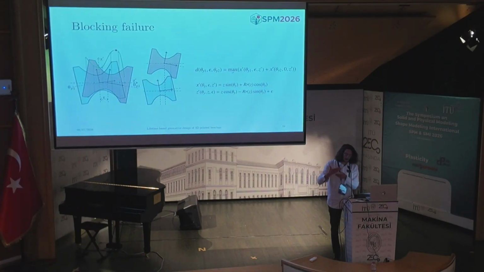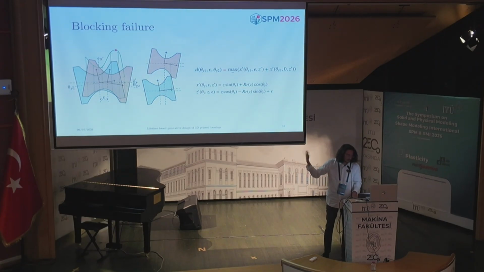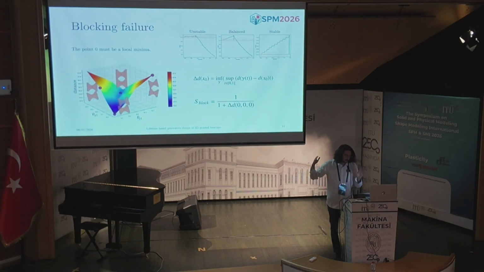To see if it will block or not, we have first to measure the distance between the two rollers in function of the rotation of the two rollers and also the clearance between those two. I will not explain how to measure the distance, but here it is. And the problem here is to see if the point zero is a local minimum.